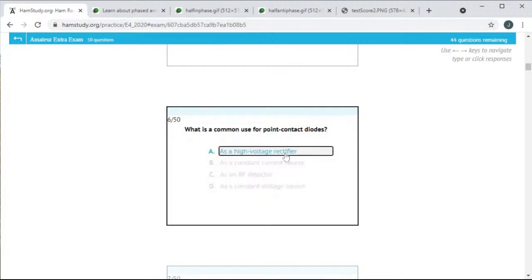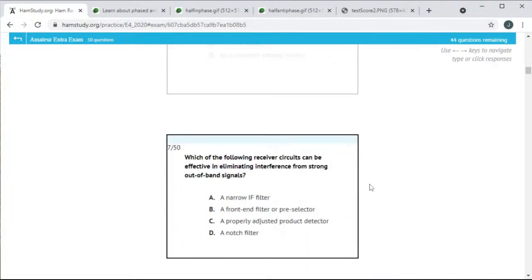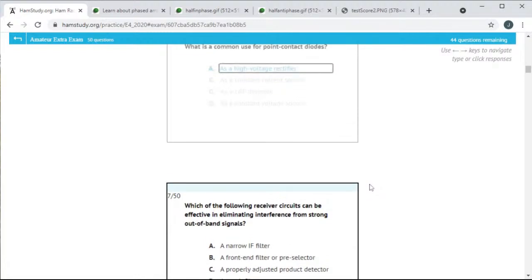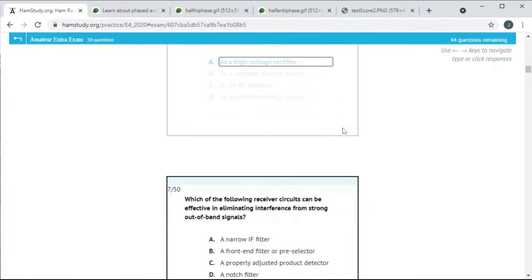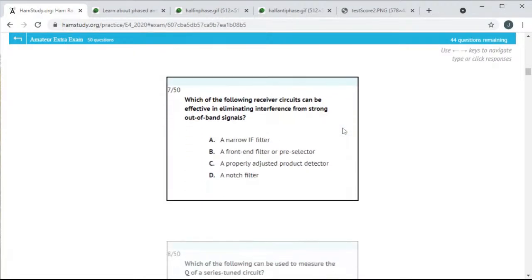I'm going to go with A. I know diodes are used in rectifiers. I don't know, it's something to do with point contact. I don't know if they're for high voltage or not. But I'm going to guess A.